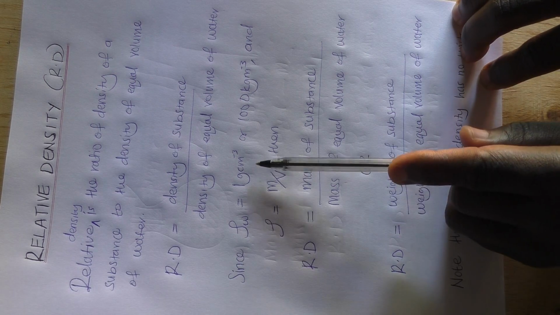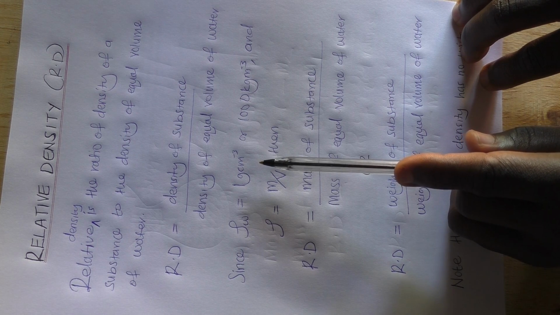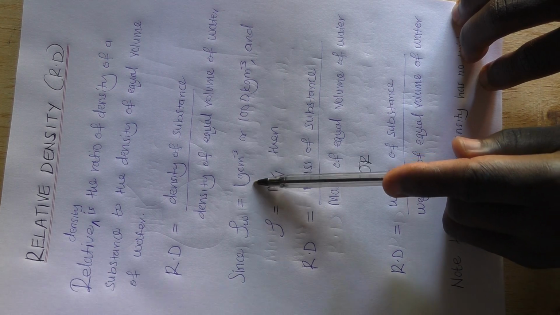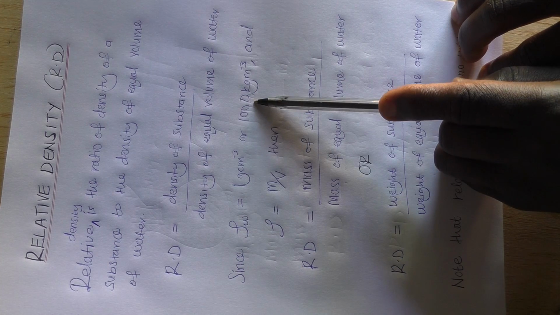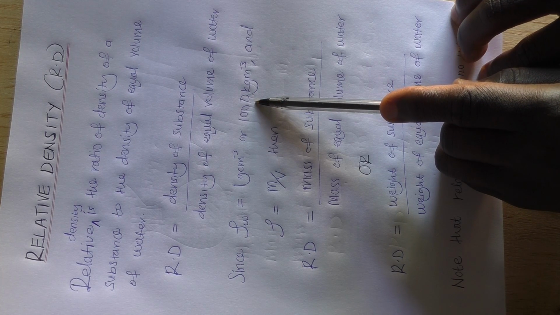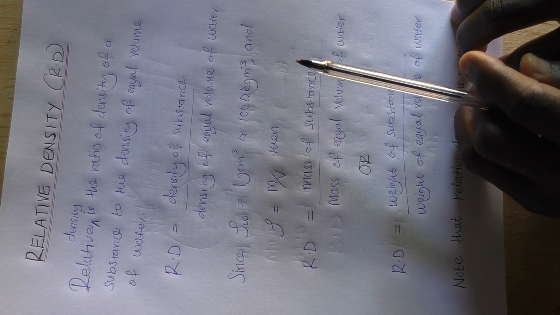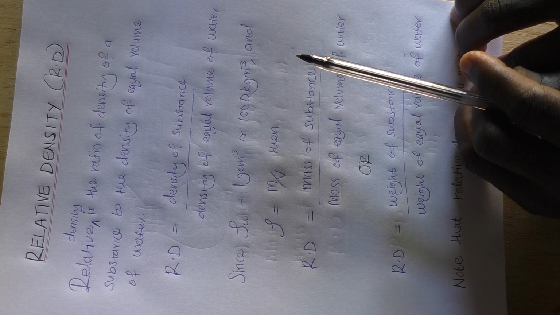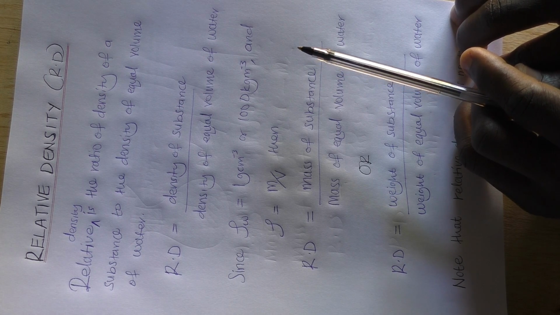However, since density of water is constant and given by 1 gram per cubic centimeter or 1,000 kilogram per cubic meter, therefore we can express mass in terms of density and volume, since the density of water is known.